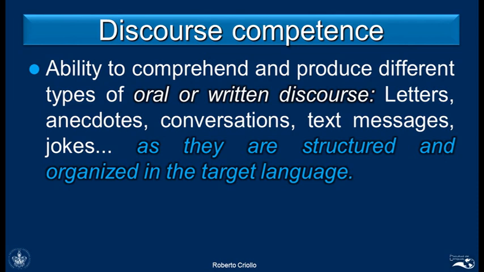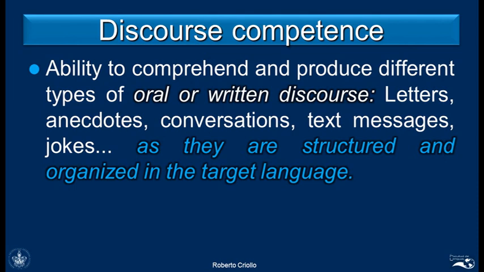Text messages, for example, have a very interesting structure, very interesting language. When we write a text message in Spanish, it's simplified, we use abbreviations, we change some letters, and of course they do the same thing in English. So maybe you know how to do it in Spanish, but probably you don't know how to do it in English. Jokes, for example, can be very difficult.